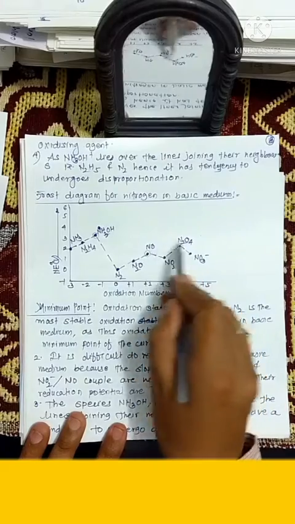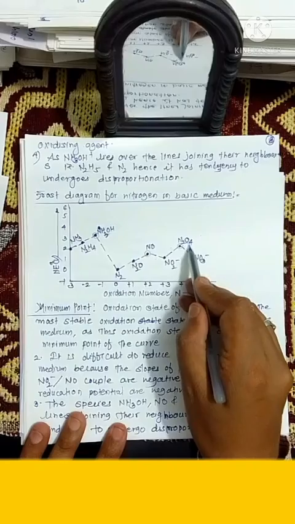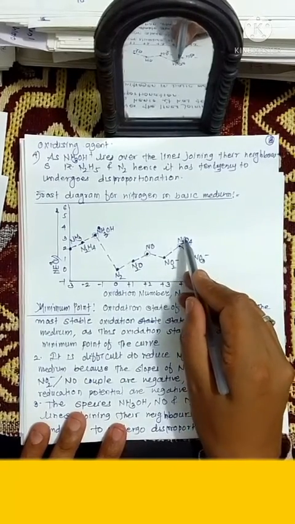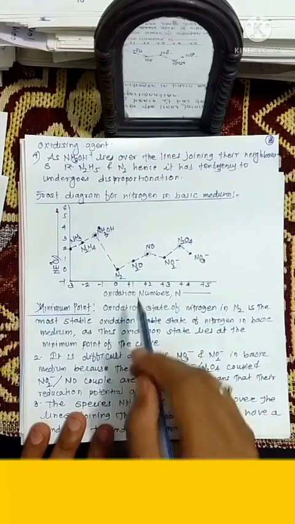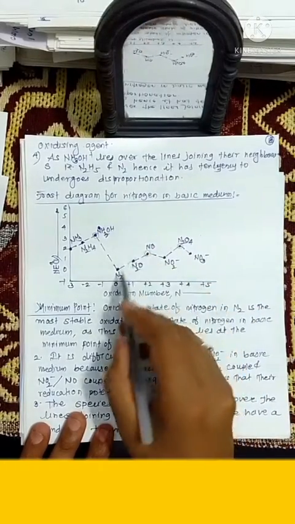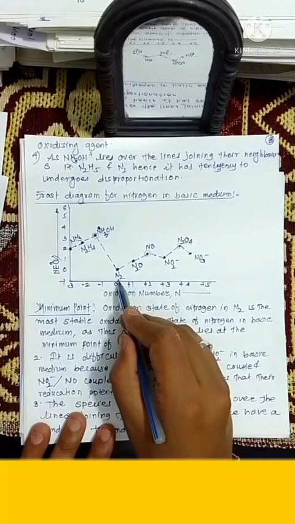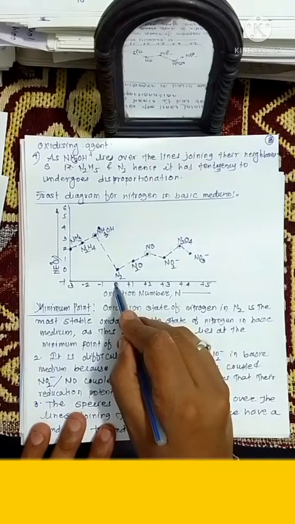So these three species, that is NH3OH+, NO and N2O4, have a tendency to undergo disproportionation. Now the minimum oxidation state in basic media for nitrogen is in N2, which has oxidation state 0.